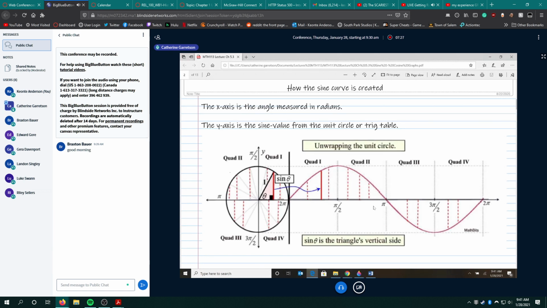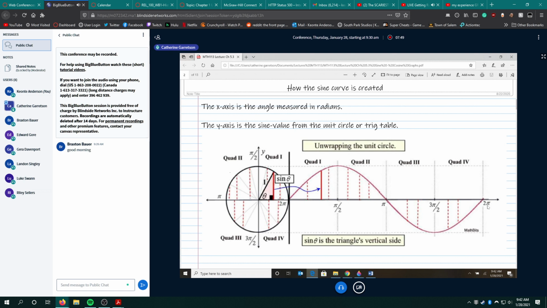If you go in this direction, you see it's increasing, and it's the angles inside your trig chart and your unit circle. But it keeps on going. So it just keeps growing. And that's where you get into those larger angles that represent more than one revolution around the unit circle.